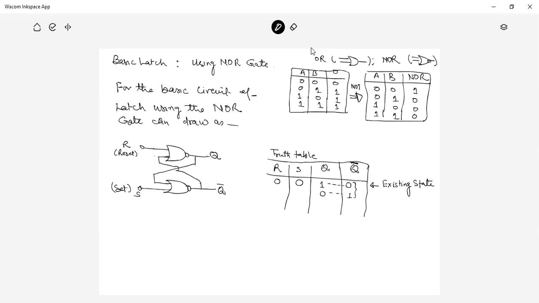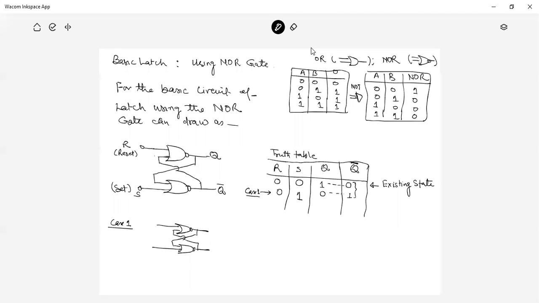Suppose R is 0 and S is 0. This is case 1, something like this.